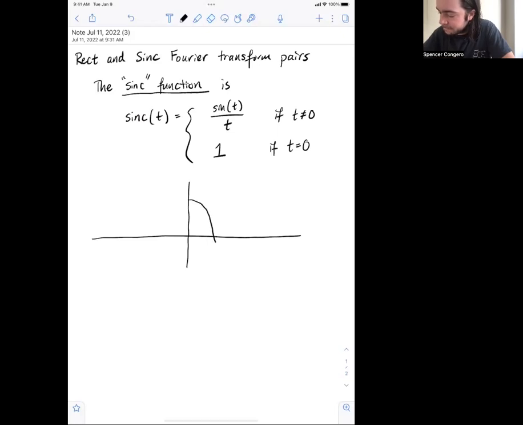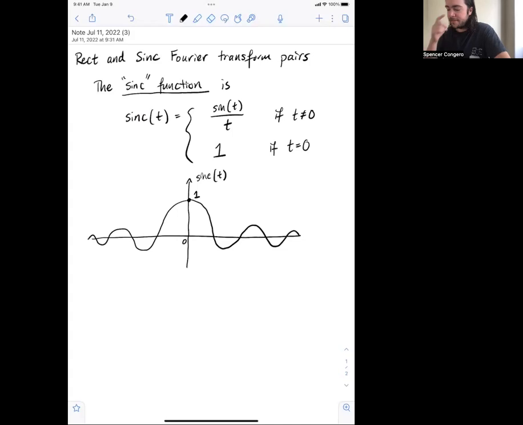Here's what it looks like. Okay, so that is the sinc function. And right there is that 1. This is 0. And then all of these 0 crossings on the t-axis, and it goes forever and ever.